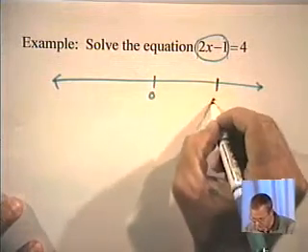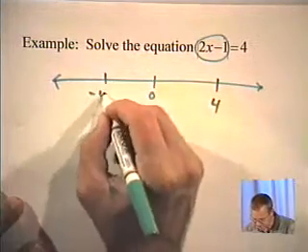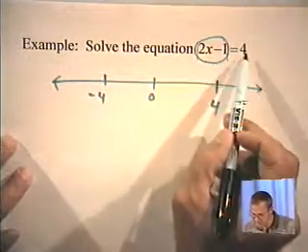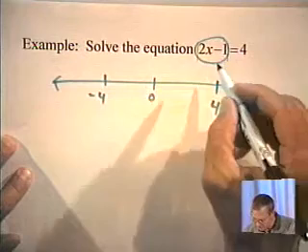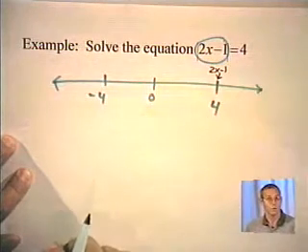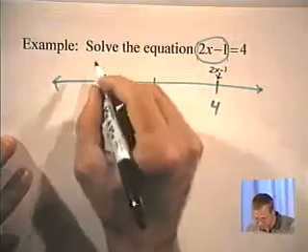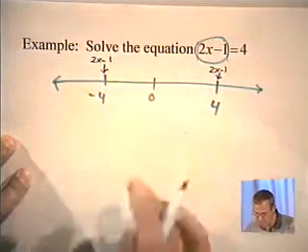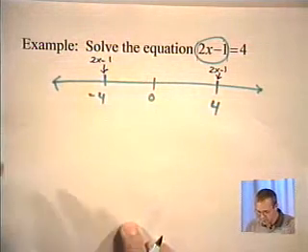Well, like the previous example, if the number 2x minus 1 is 4 units away from 0, then 2x minus 1 must equal 4, or 2x minus 1 must equal negative 4. So we get these two equations.